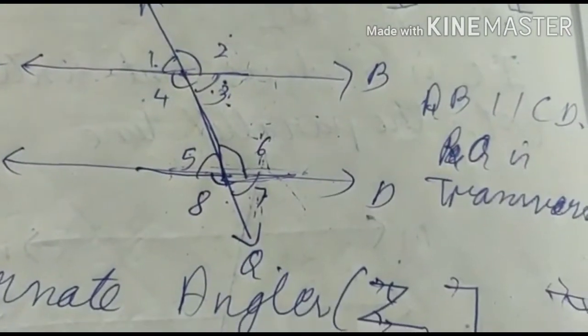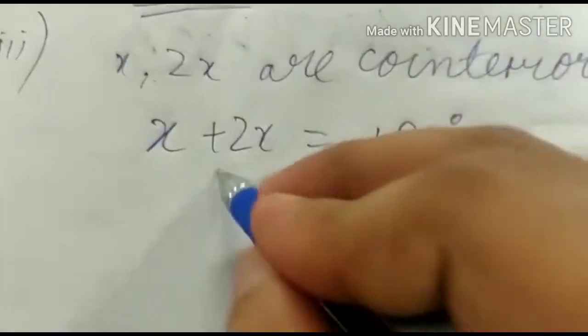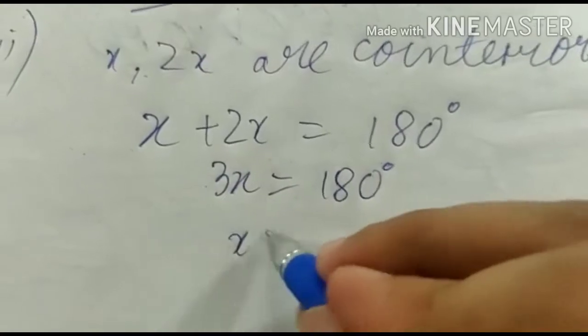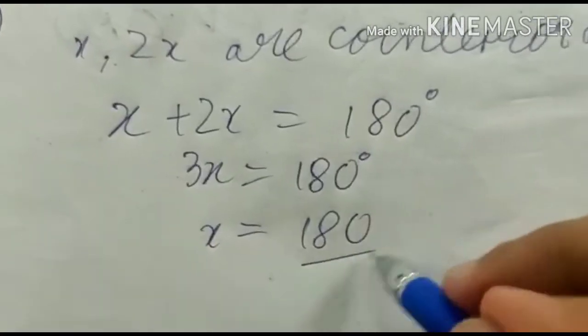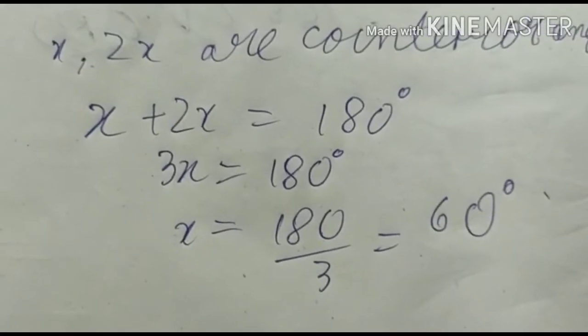Here I said angle 3 plus angle 6 equals to 180. Look, 3 plus 6 is 180 and 4 plus 5 is 180 degree. So here 3x equals to 180 degree, x equals to 180 upon 3, that is 60 degree.